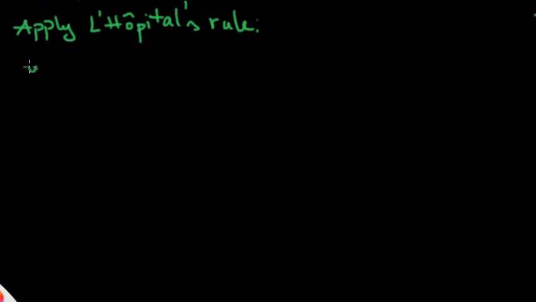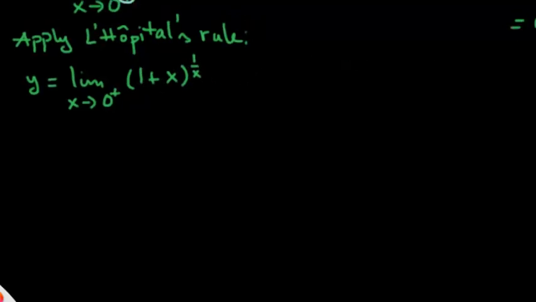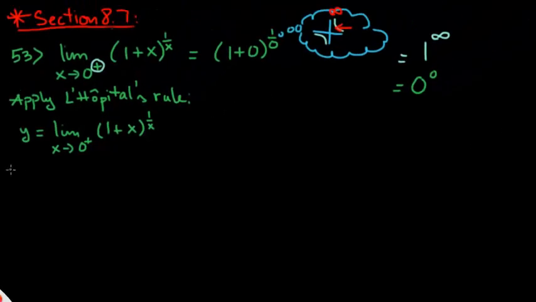Let y equal the limit as x approaches 0 from the positive side of (1 + x) raised to 1 over x. Then what you will do is take the natural log of both sides. ln y equals ln of the limit as x approaches 0 from the positive side of (1 + x) to the 1 over x.